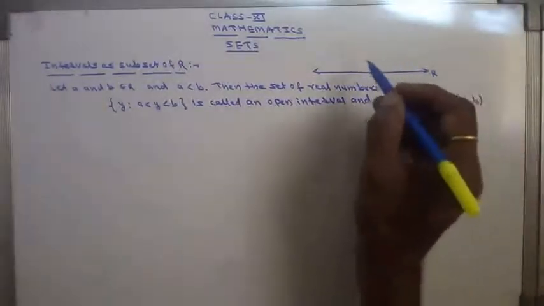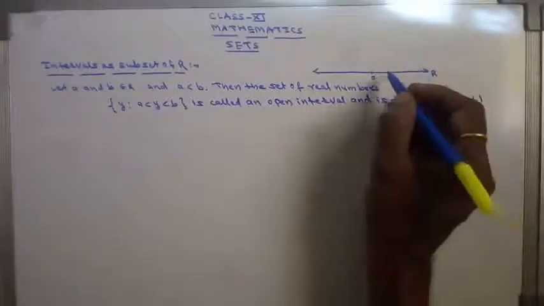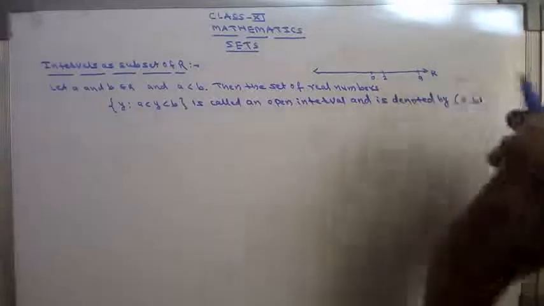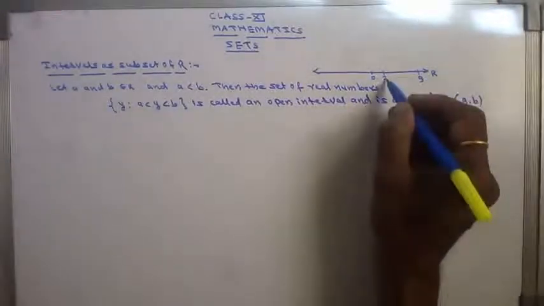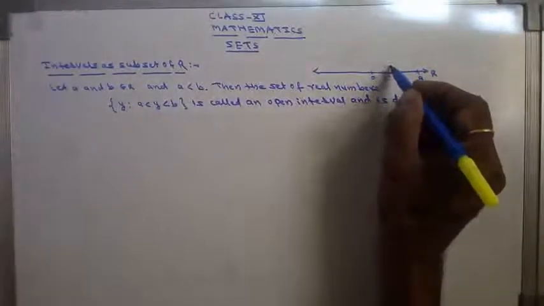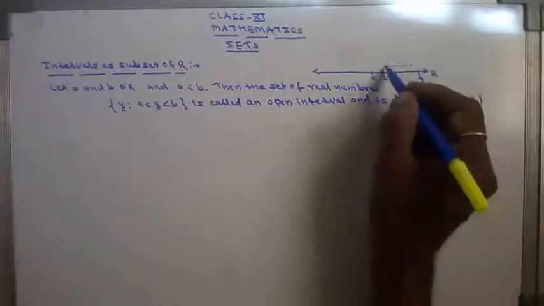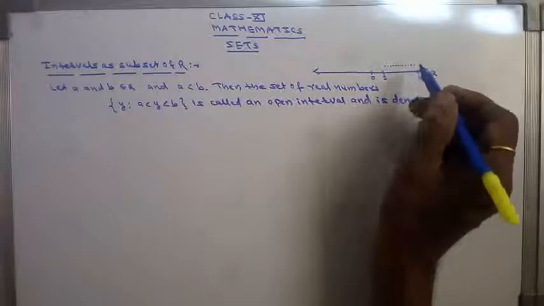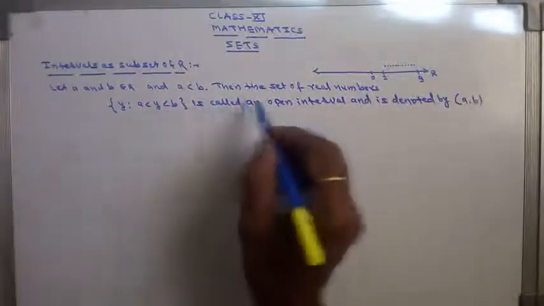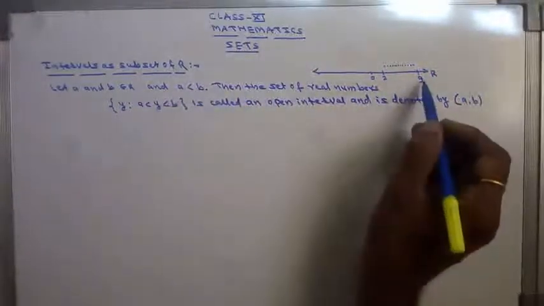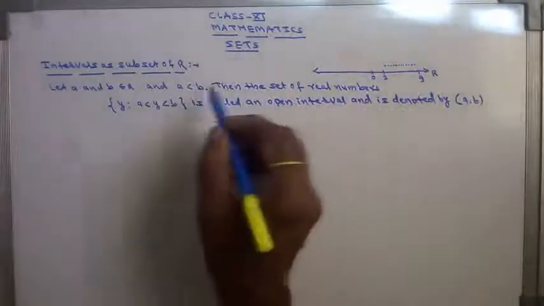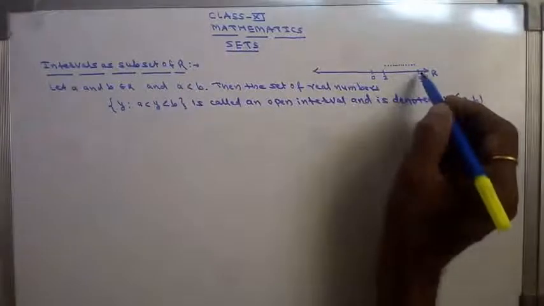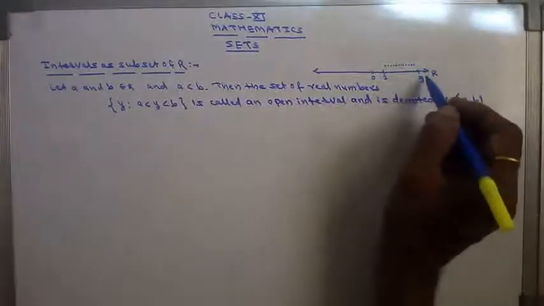So students, what does it mean? Suppose you have real numbers, for example from 2 to 9, but excluding 2 and 9. So the set of all real numbers, this is your general number y, from 2 to 9, where 2 is a here and b is 9, so 2 is less than 9. So all the real numbers lying between 2 and 9 but excluding 2 and 9.